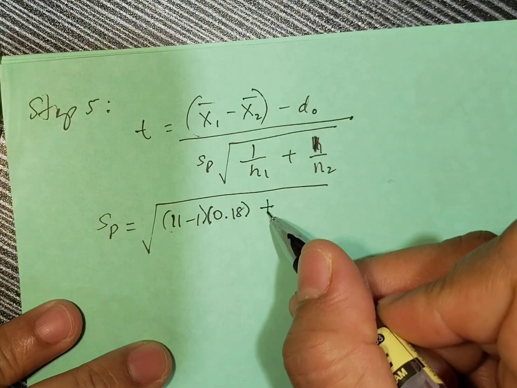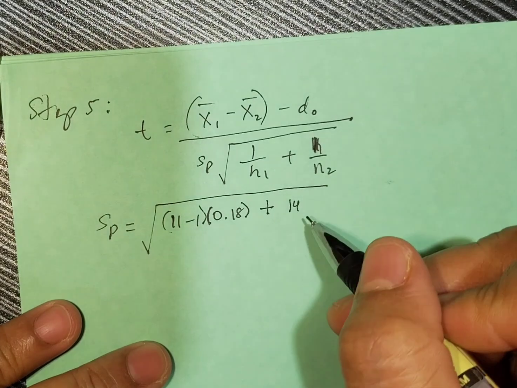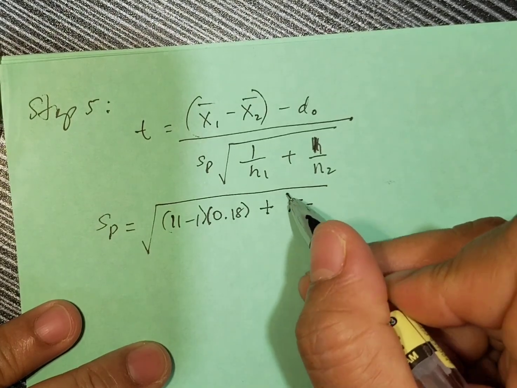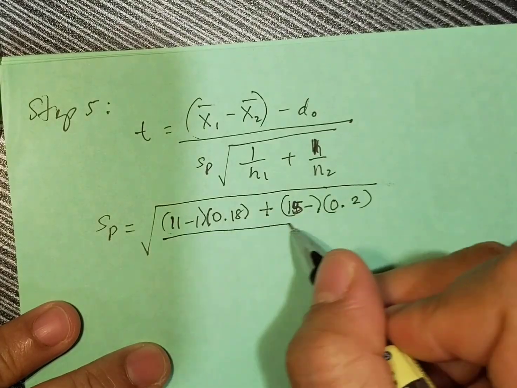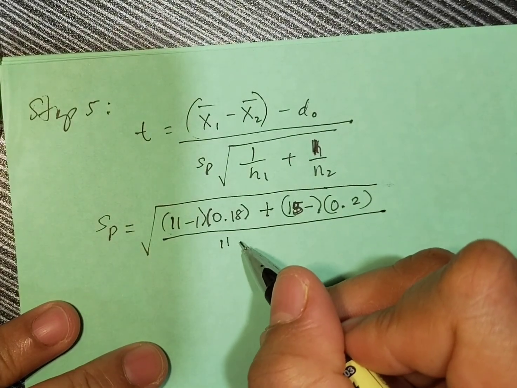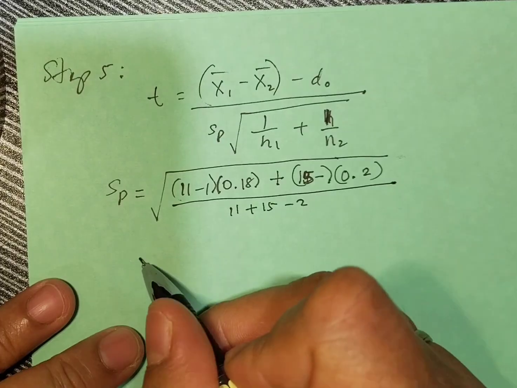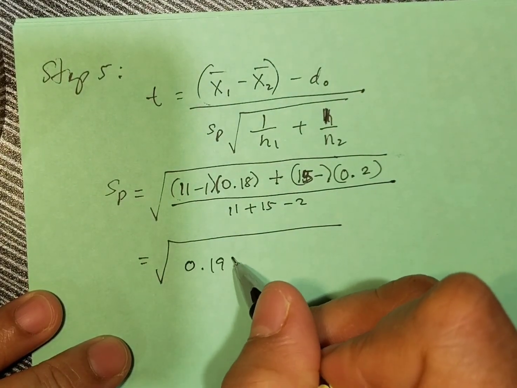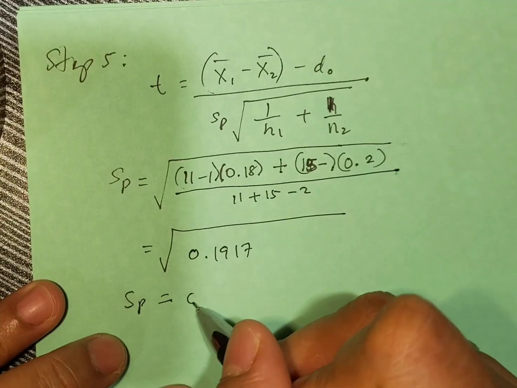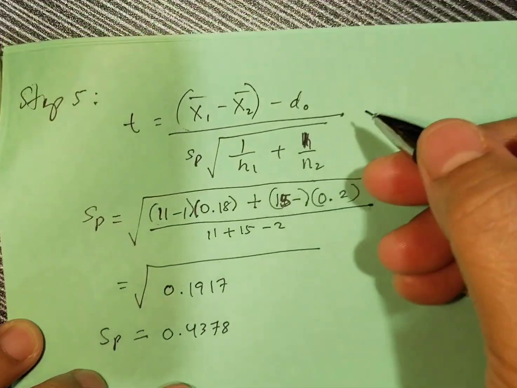Okay. Plus 15 minus 1 times 0.2. Okay, all over, we have 11 plus 15 minus 2. Okay, so this is actually the square root of 0.1917. So your s sub p is 0.4378. Now let's compute this.